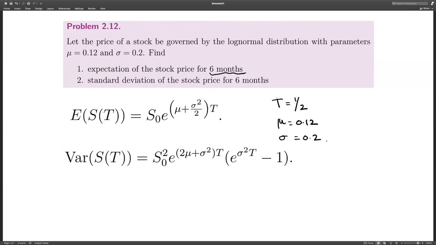So just plugging in these values here, you get the expectation as 1.0725 into S0. In my calculation, please check if this calculation is correct. The variance is 0.0232 S0 square. So these are the answers for these questions.